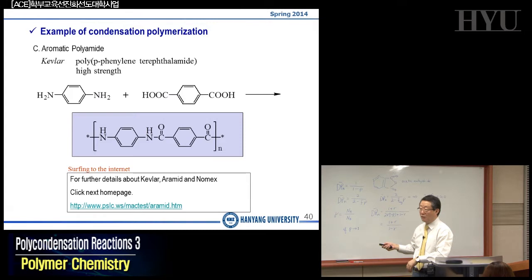Okay? This is the Kevlar, which was the yellow fabric that I showed you the first time, so that it could be a bulletproof fiber that you can make. It's stronger than steel, so using the fiber out of this Kevlar, you can make parachute strings, or rope for the ships.